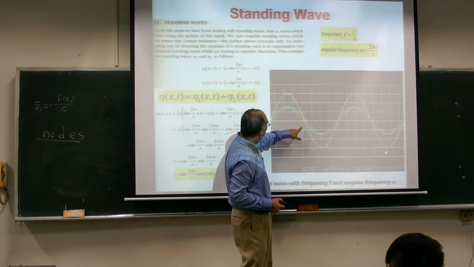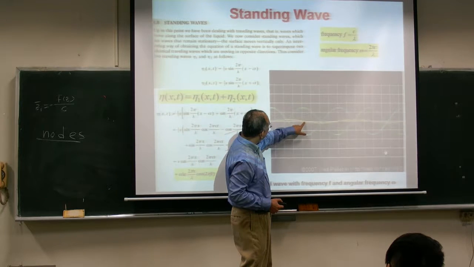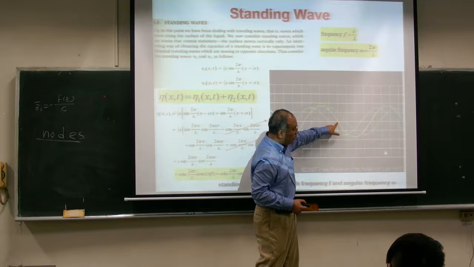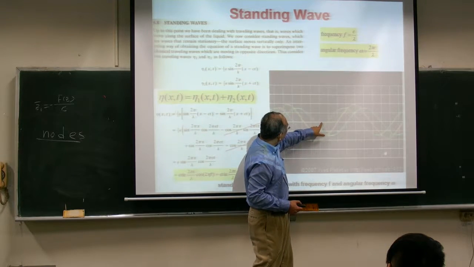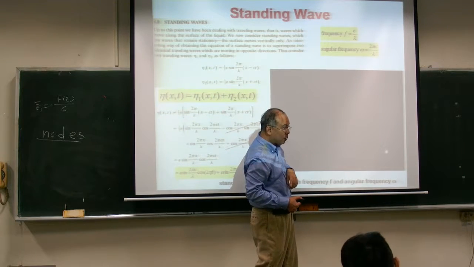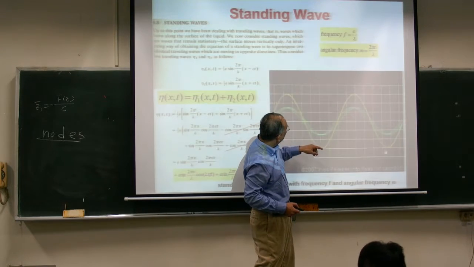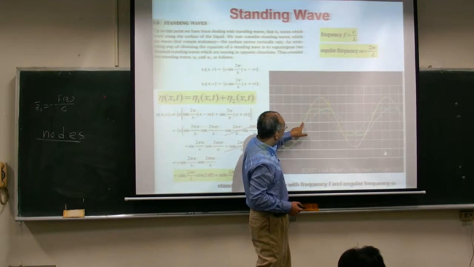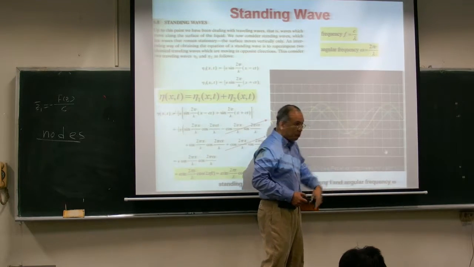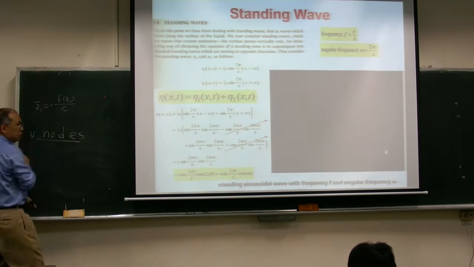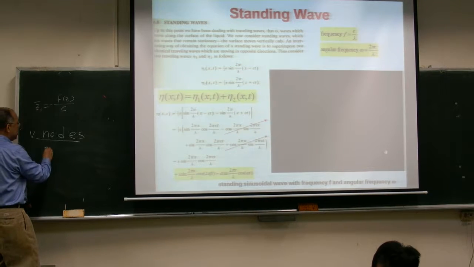It doesn't oscillate at all. But away from the node, there's a positive amplitude, negative amplitude change, right? On the node point, we don't have any amplitude. All these points are node points. So when we have nodes in a wave, we call it a standing wave.